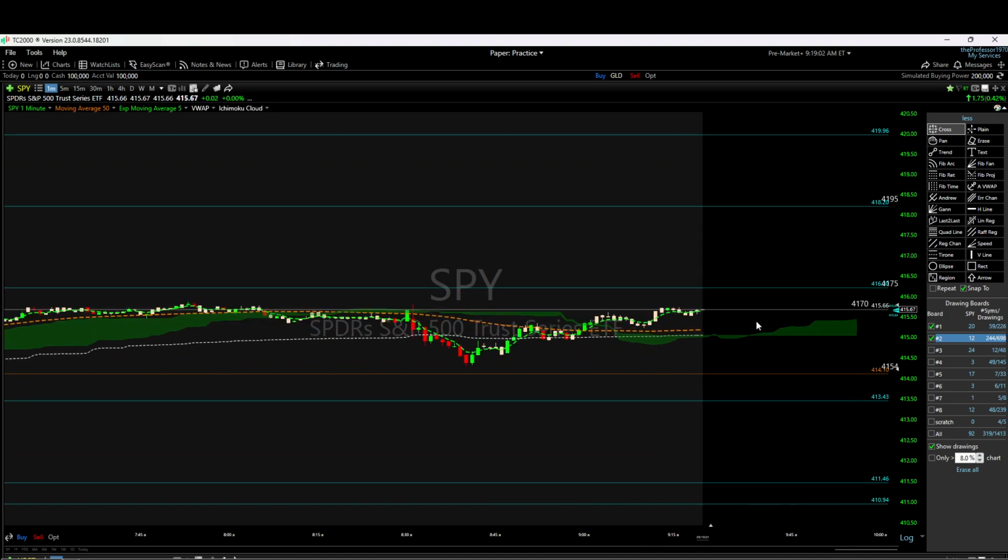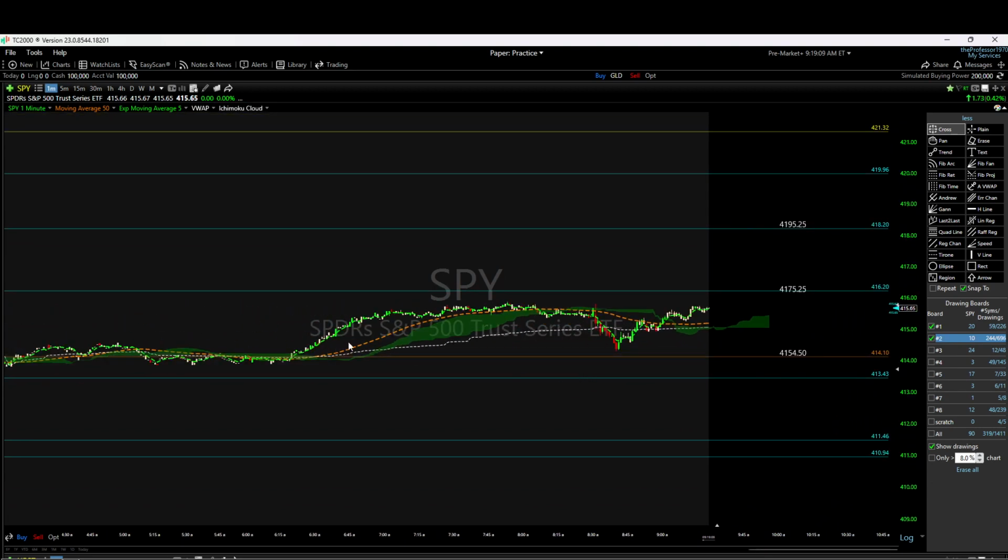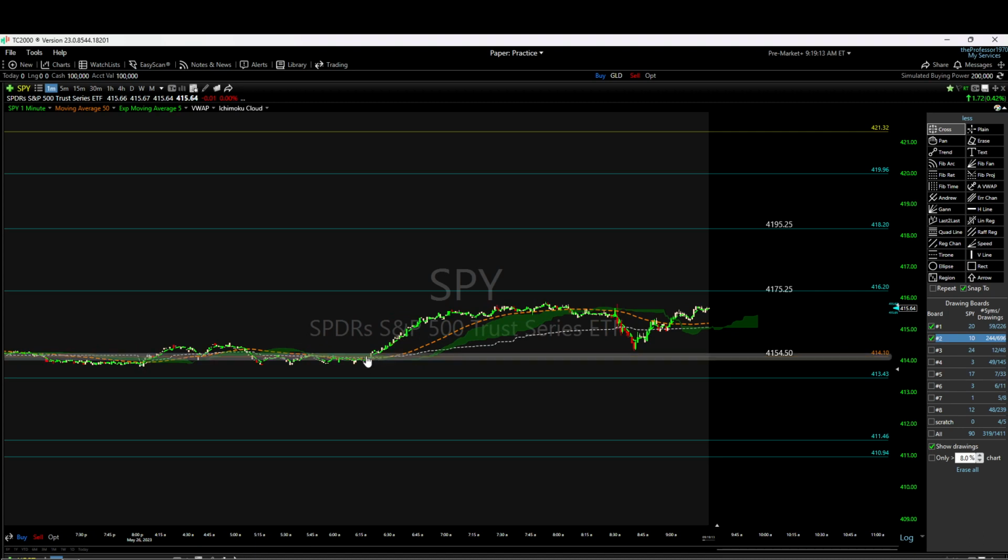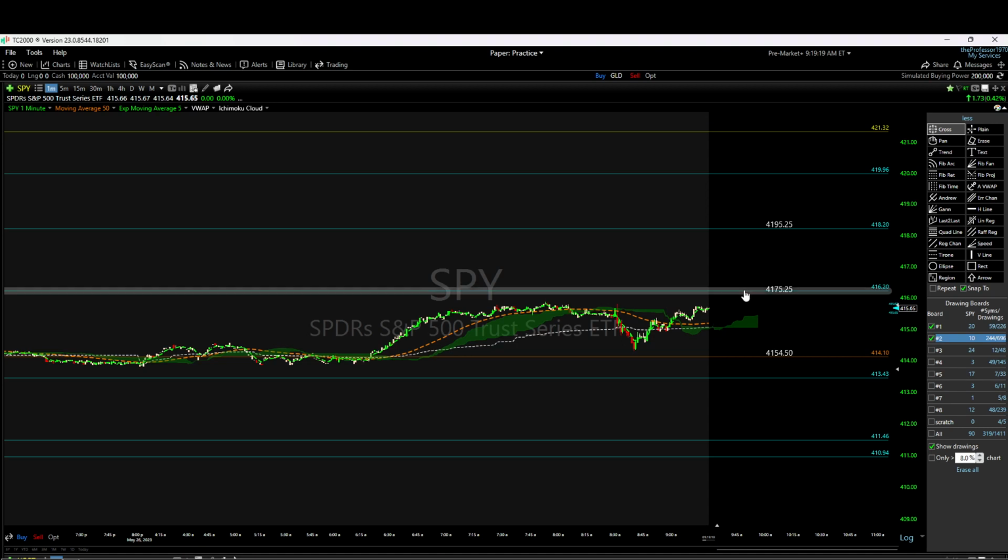So I'm going to get rid of this white line because it's not one of my lines. You will see typically when you have this 50, this is VWAP, on the 1 minute, when we're trending, we extend it, but we always seem to come back to it. So I use that when I'm near a level to see if I'm turning down, or is it going to keep going, or where are we?